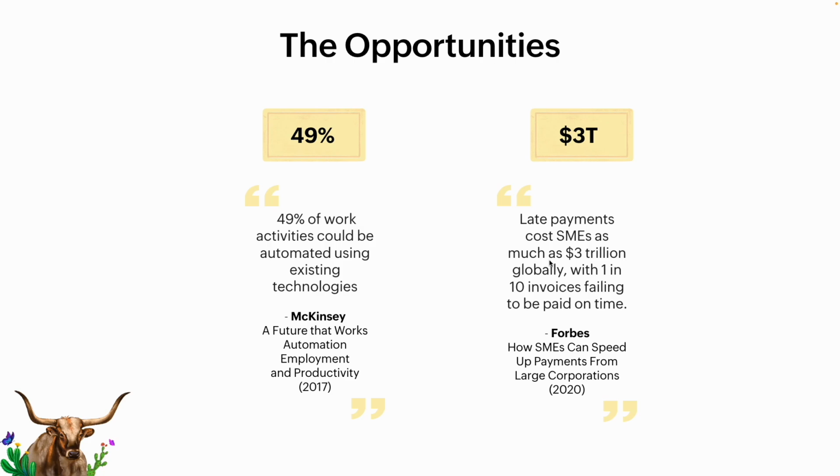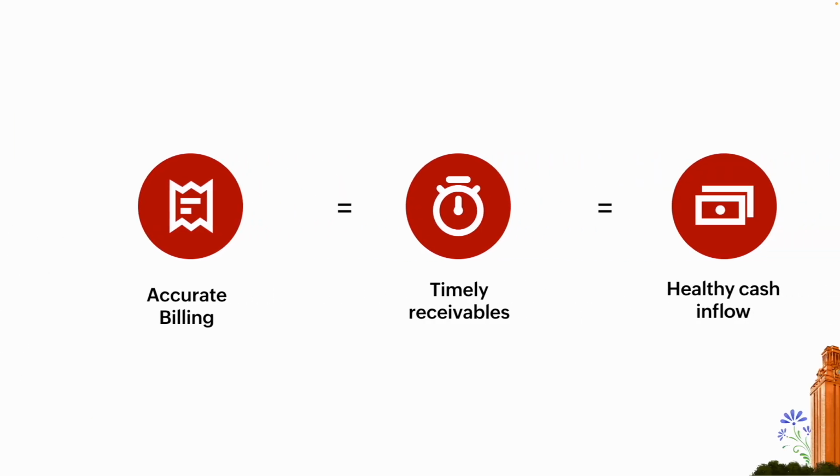And if you don't bill your customers at the right moment, and if you don't collect payments on time, it is a huge loss, especially for SMEs and growing startups. So there is a lot of leeway: you can send out invoices in the correct way and collect payments on time. As Forbes says, late payments cost SMEs as much as 3 trillion globally. So it is a huge opportunity that you can tap into by collecting payments on time.